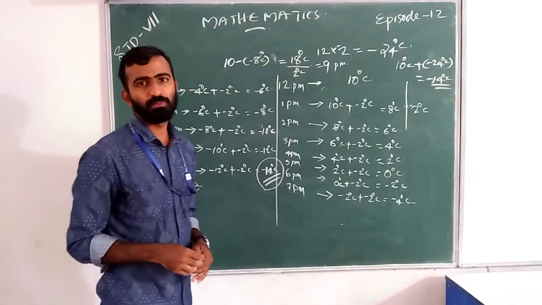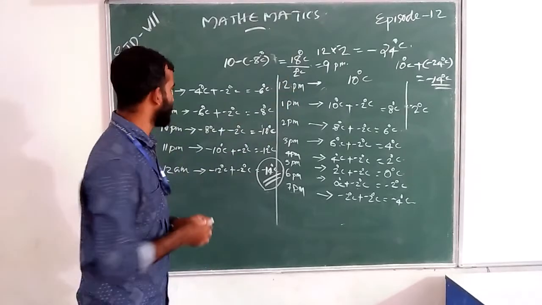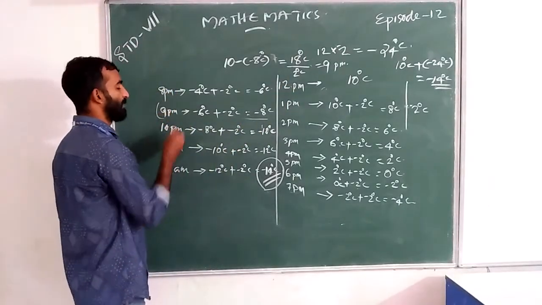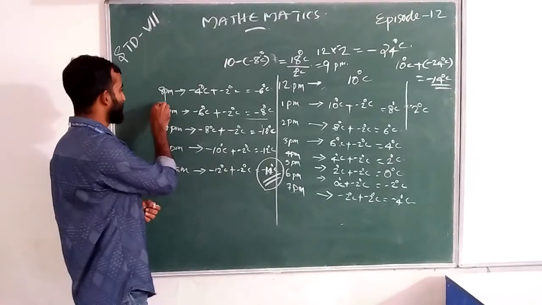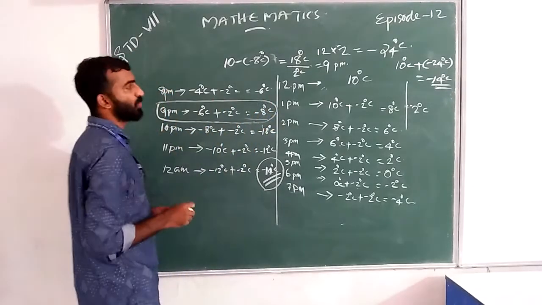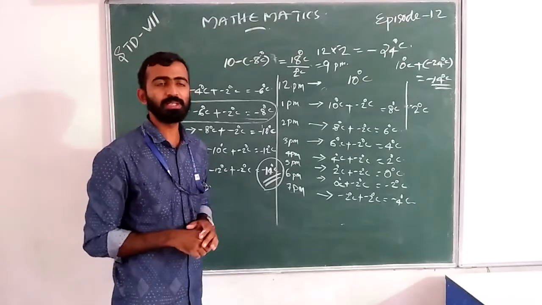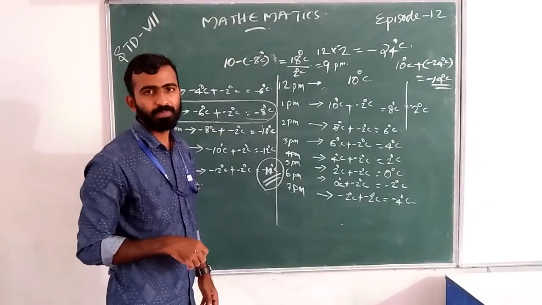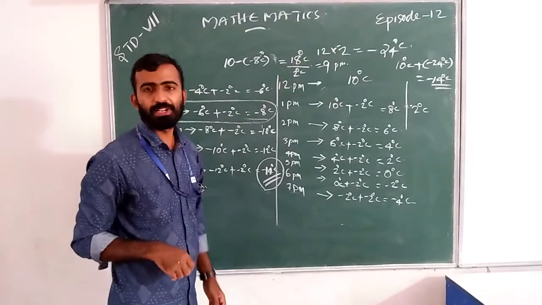That is another answer. Here we also get 9 p.m., the first question's answer. Another way is 10 degrees minus negative 8 degrees, which gives 18 degrees Celsius.